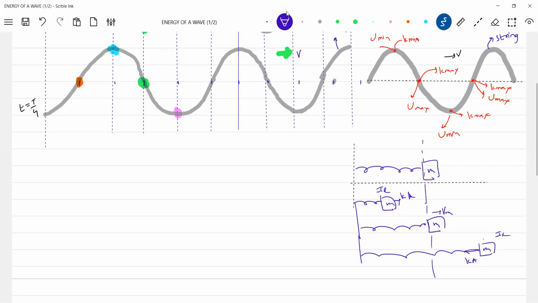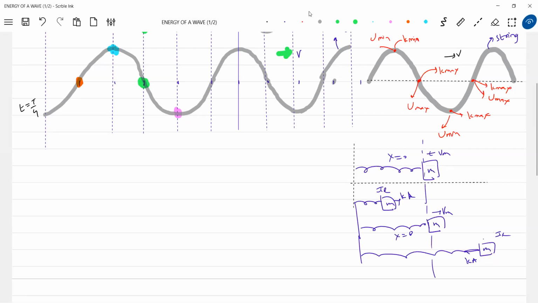So now, at the mean position, kinetic energy will be maximum and potential energy will be zero. Am I right? Kinetic energy maximum, potential zero. What about at the extreme point? Potential energy will be maximum and kinetic energy will be zero.